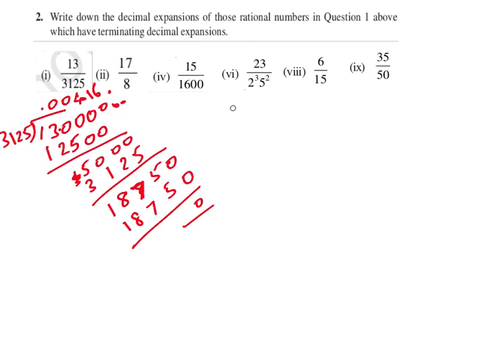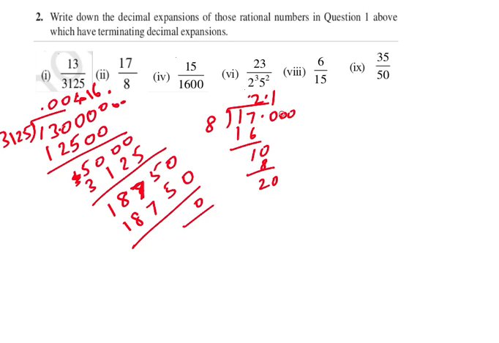Next, we'll divide 17 by 8. So 17 divided by 8, what will happen? 2 8s are 16, remainder 1. So here we can keep a decimal point. After this, how many 0s can we take? If we are bringing the number down, we need to keep the decimal point here. So 1 0 we can put. 1 8 is 8, 2.